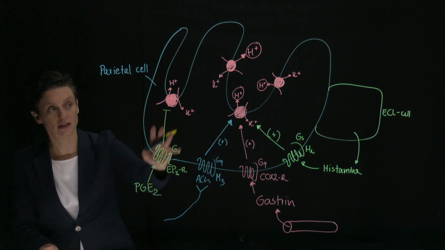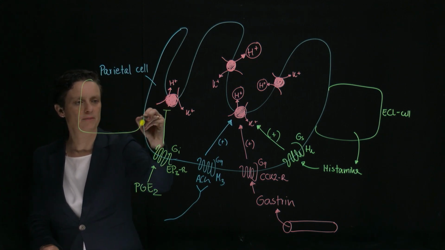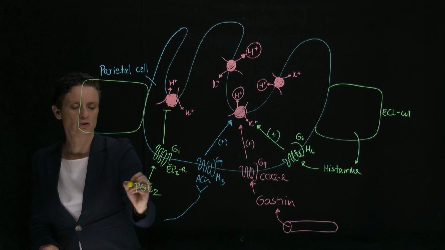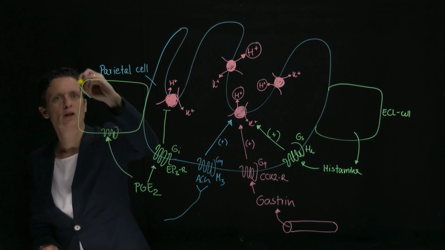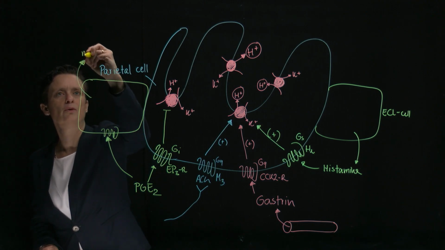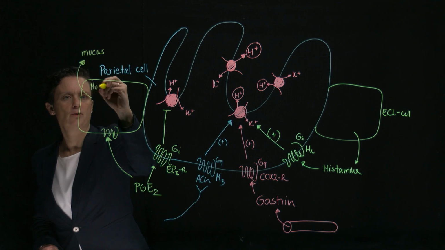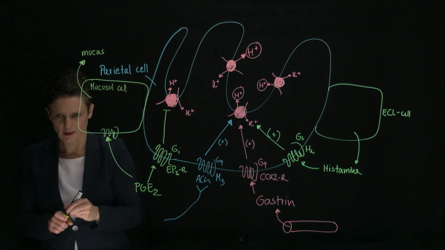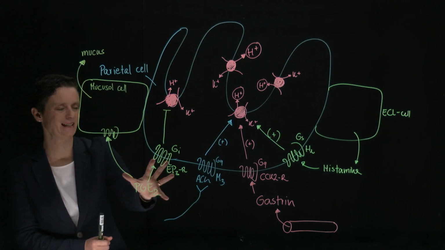It's not only inhibiting the proton pump, it's also this prostaglandin, the PGE2, is also activating some surface mucus cells to make more mucus. That's a mucosal cell. You can now see this double protective role of prostaglandins.